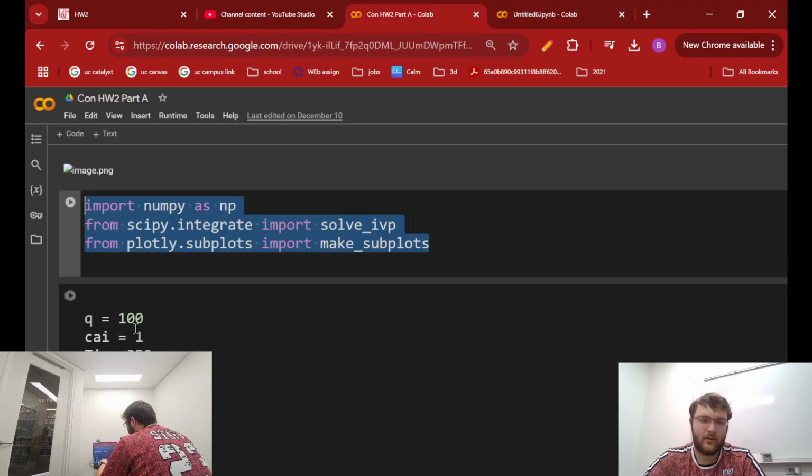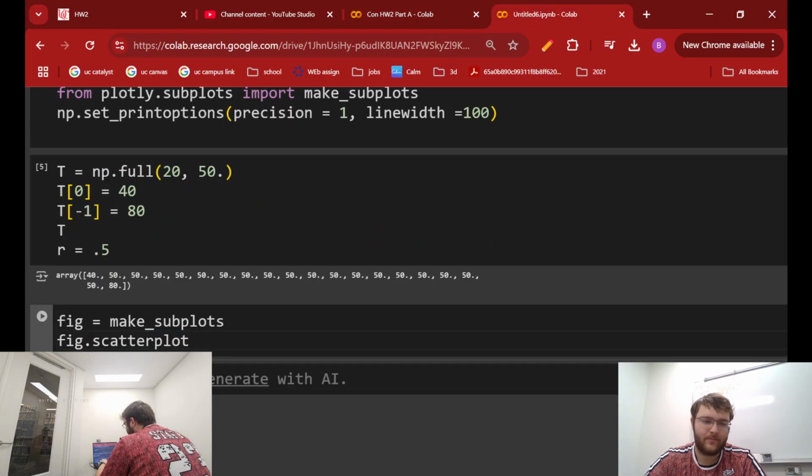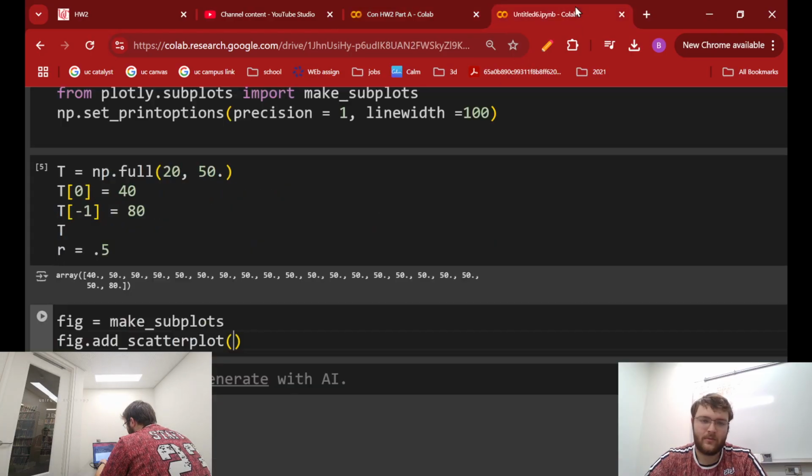I think it's just scatter. Add scatter. Add scatter plot, and then x and y's.